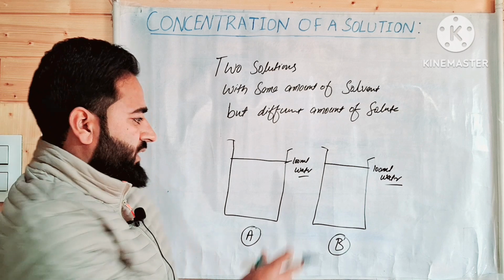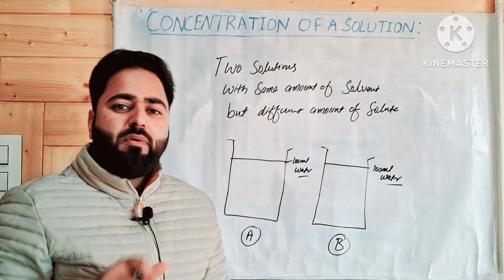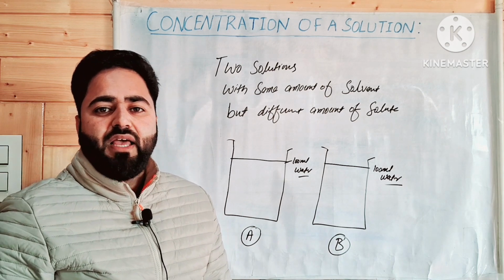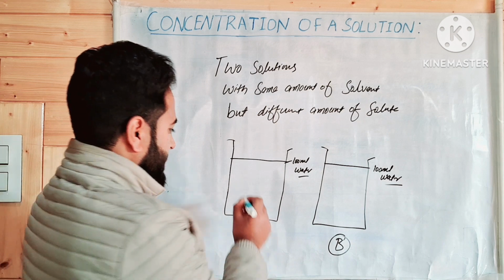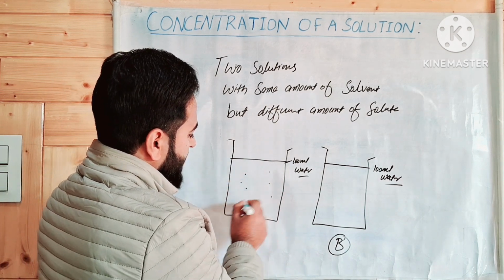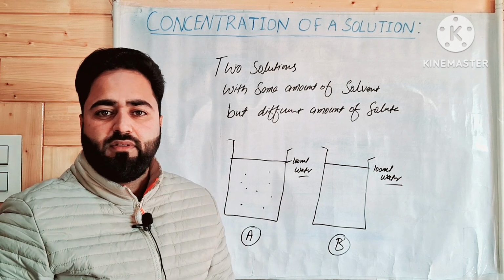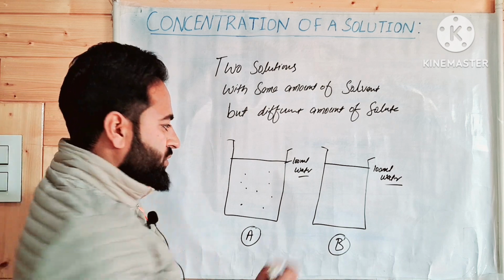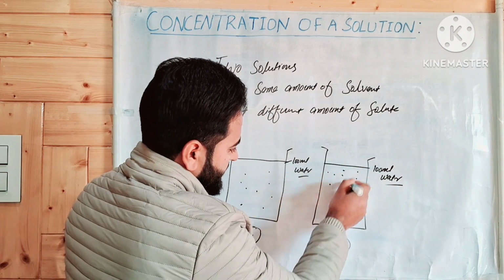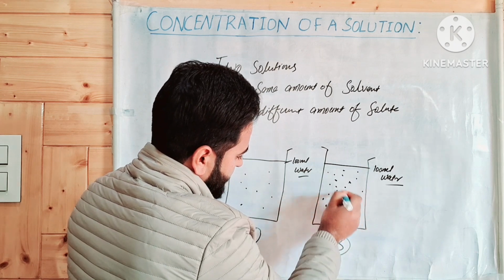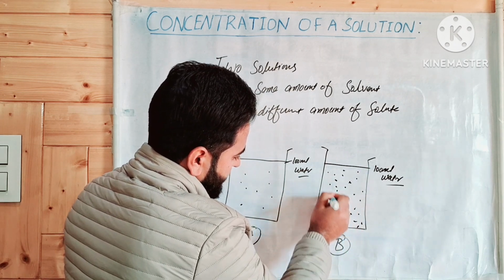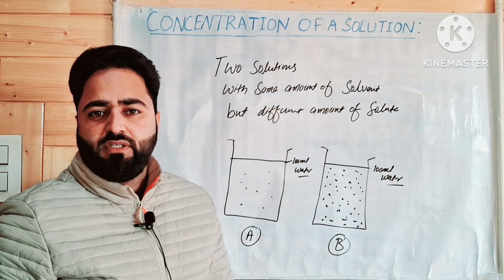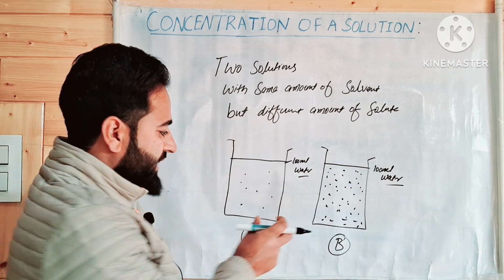So in these 2 beakers we have the same amount of solvent. Suppose in beaker A we have less amount of solute present, and in beaker B, let us suppose we have large amount of solute present.